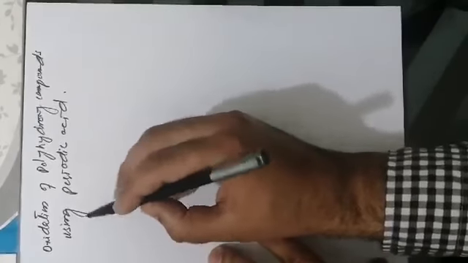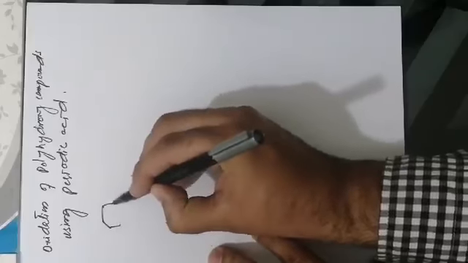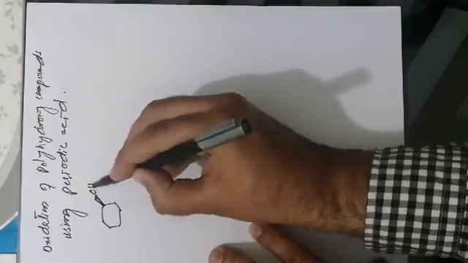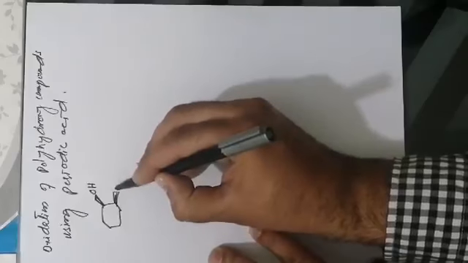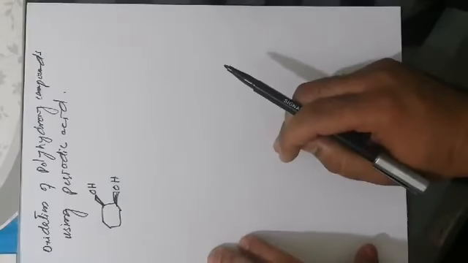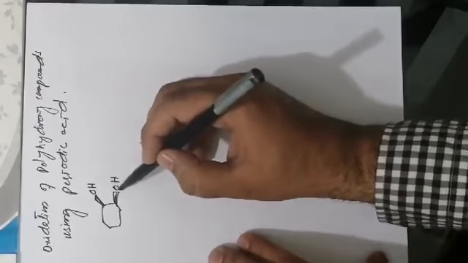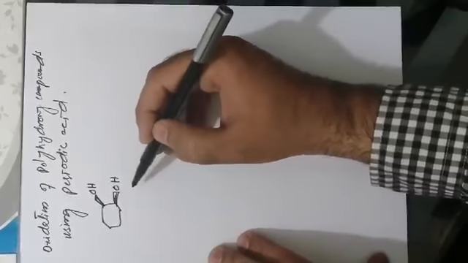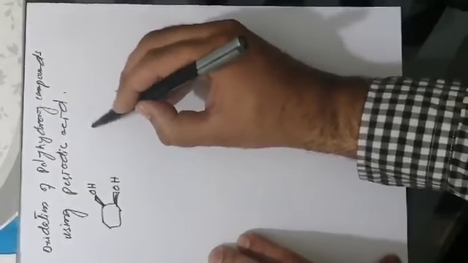For example, cyclohexane 1,2-diol. It has more than one hydroxyl group, so we may call it a polyhydroxy compound. This is one type of polyhydroxy compound.